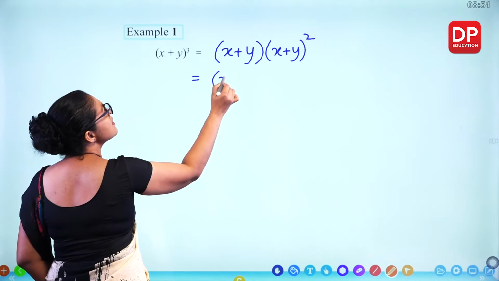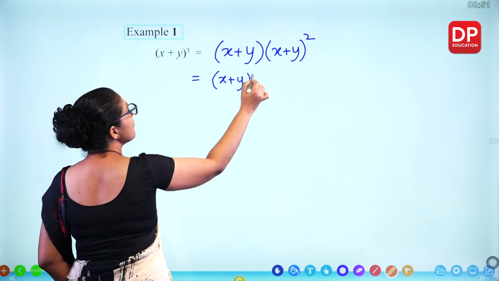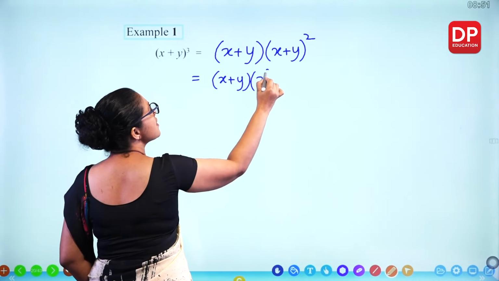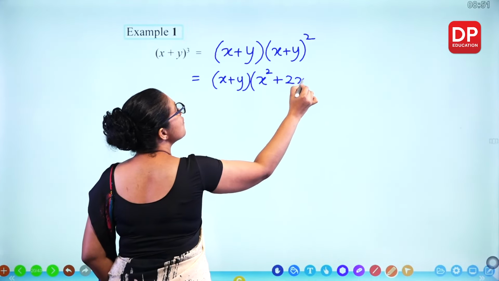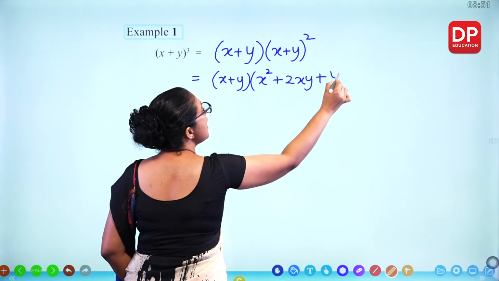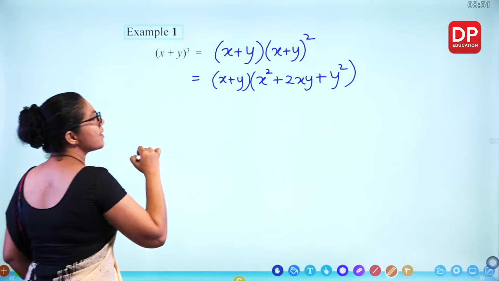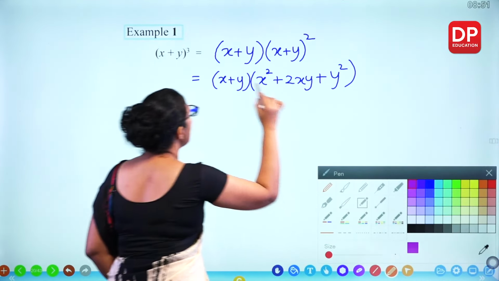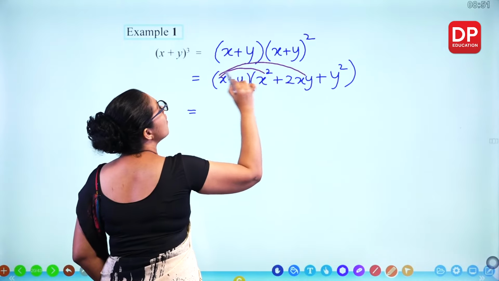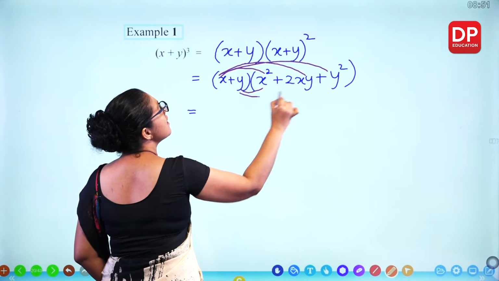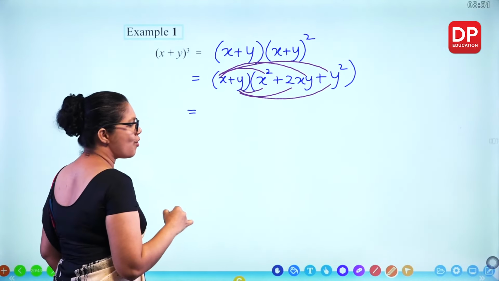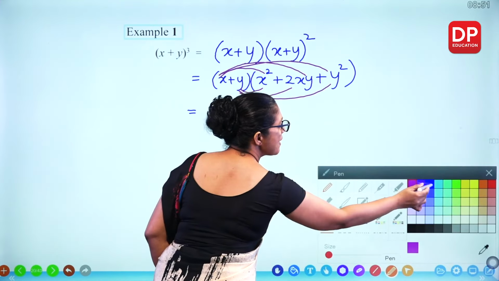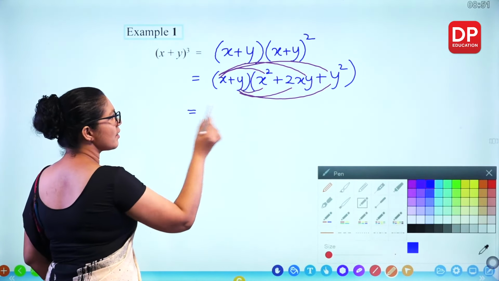Then we know what the power 2 is: first term squared, double of the first term and the last term, squared. Now we can use the rainbow method to multiply. All these you can multiply using the rainbow method. Then what you do? Expand.